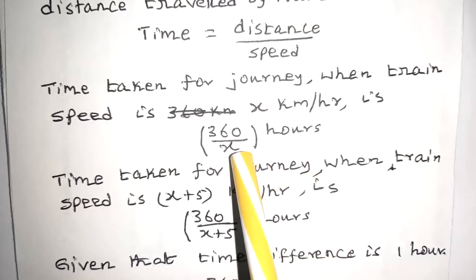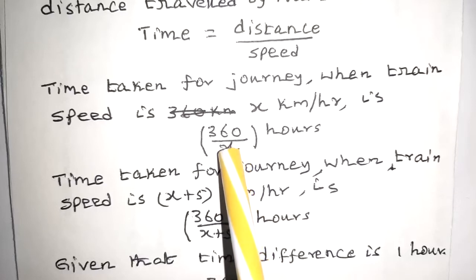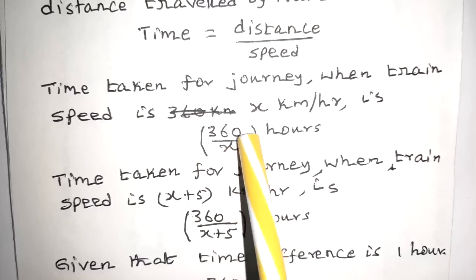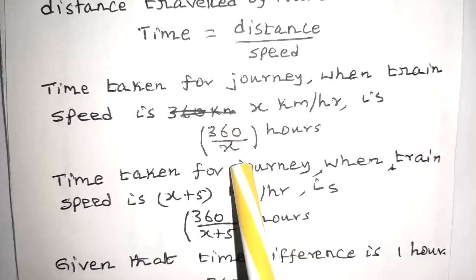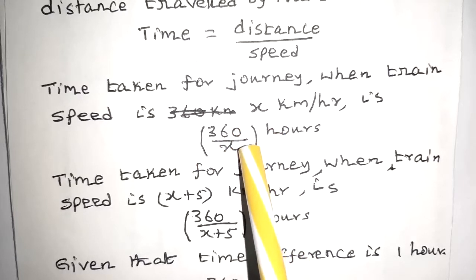Time is to be calculated using the formula distance by speed. Distance is 360 and speed is x.